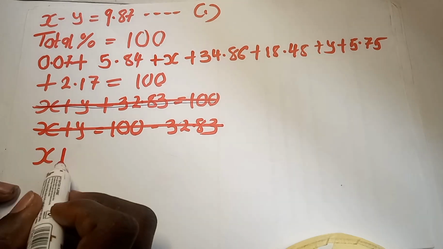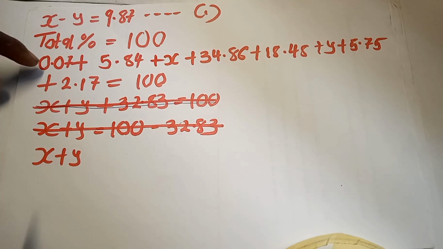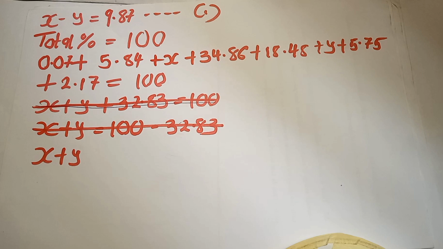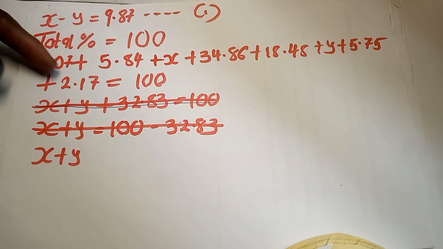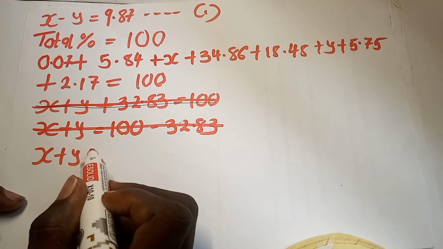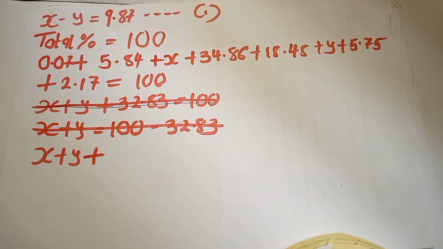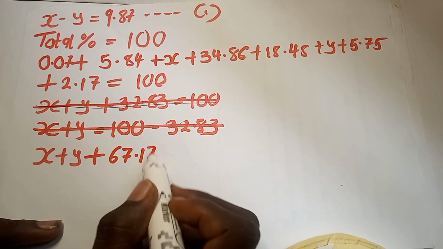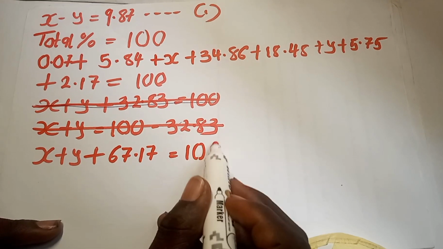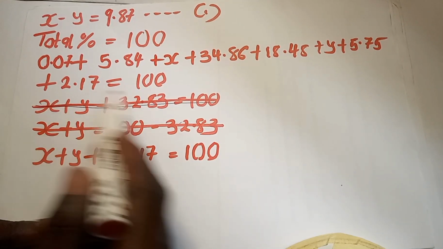x plus y. When you sum 0.07, 5.84, 34.86, 5.75 and the others, you are going to get 67.17, and 67.17 plus x plus y equals 100. So 32.83 is not part of it again.